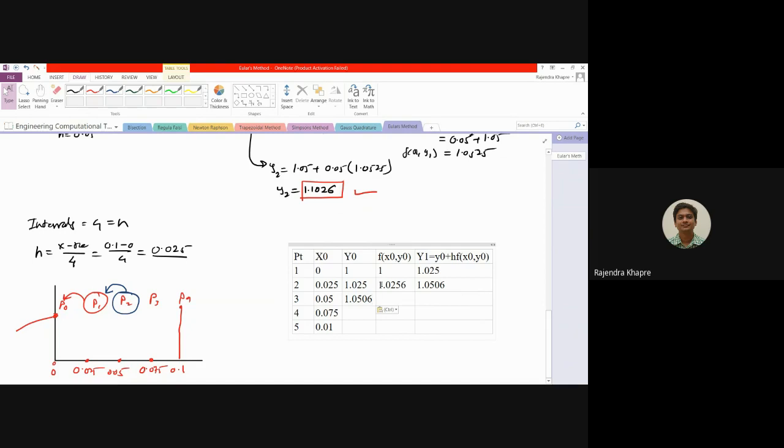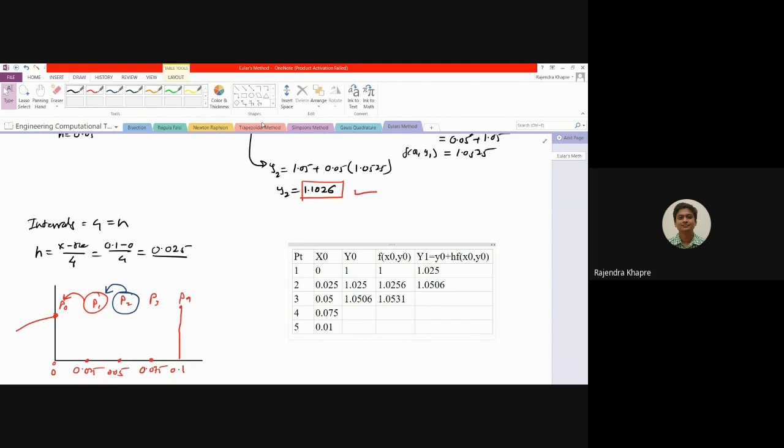Now we have to calculate the third point. Just give me the next values. 1.0531.